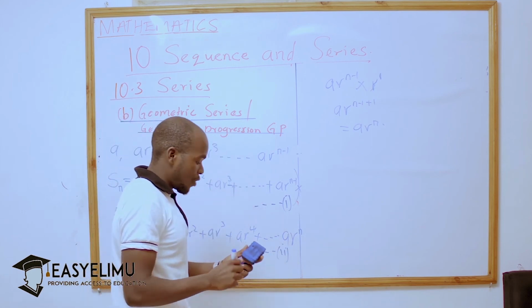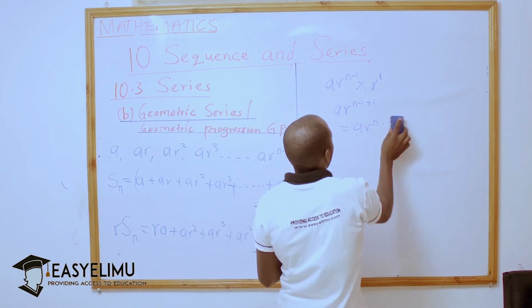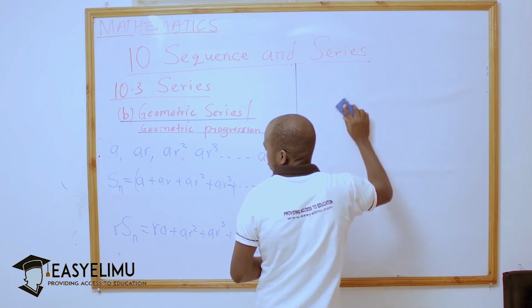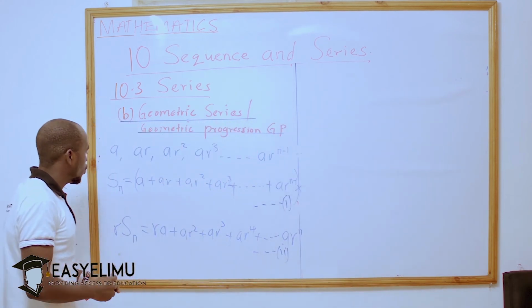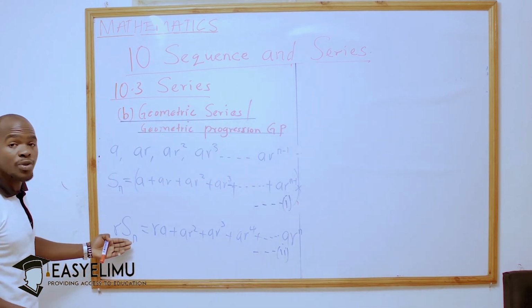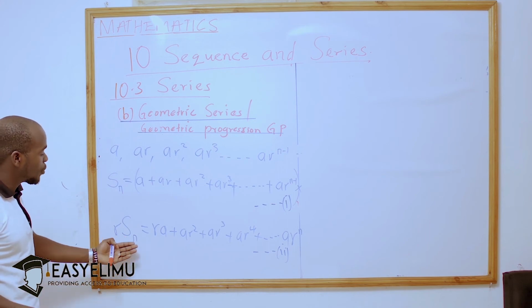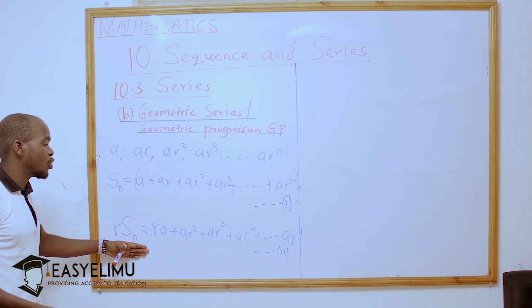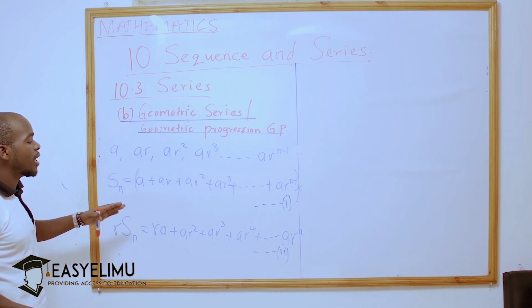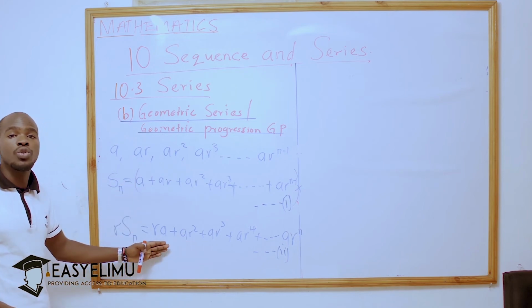If that is the case of equation 2, then we are going to do another thing on this, so that we may do it this way. Let's subtract, as we did in the previous example, equation 1 from equation 2.